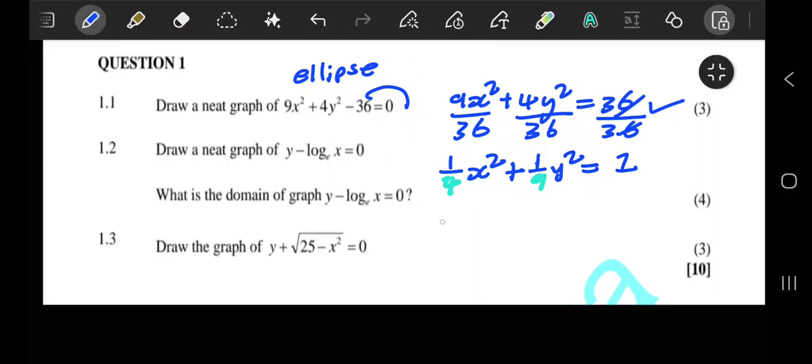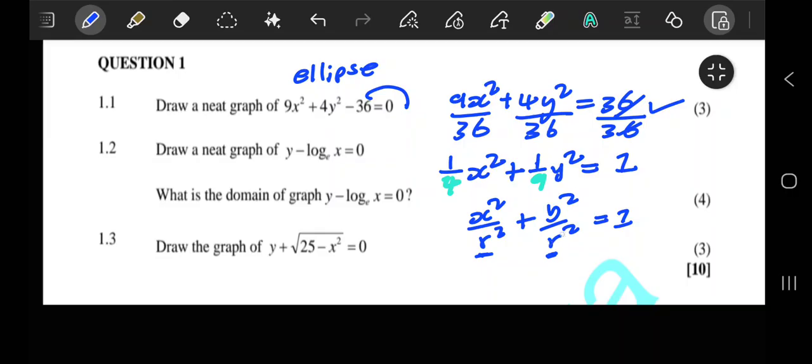The formula you must have is x squared over r squared plus y squared over r squared, and it must be equal to 1. But this r squared is not necessarily the same radius for both. The one with y is the radius along the y-axis, and the other is the radius along the x-axis.